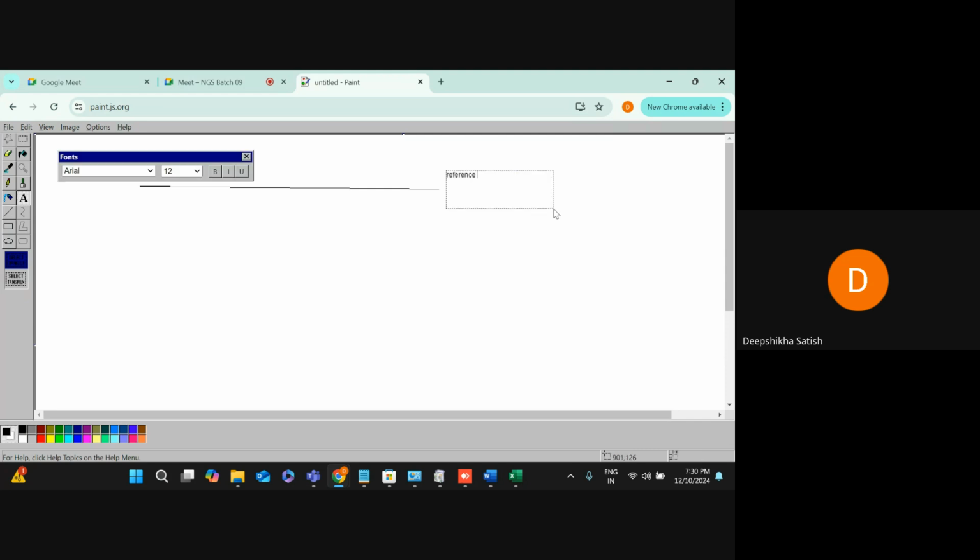For example, this is my reference genome. And I'm going to align my reads on this reference genome. So it will align like this.